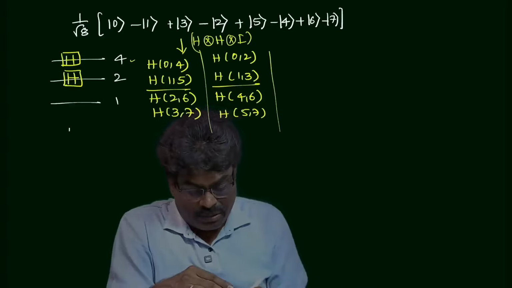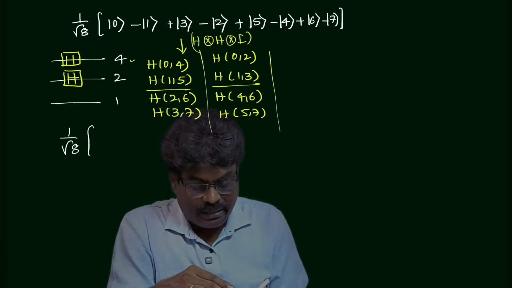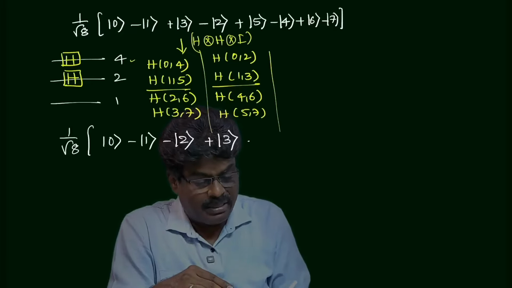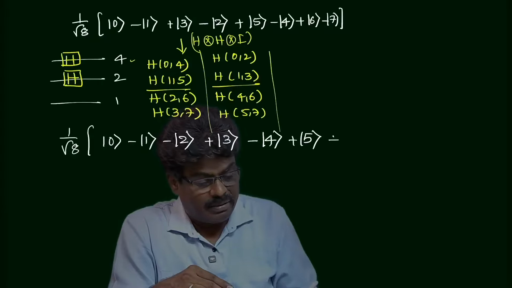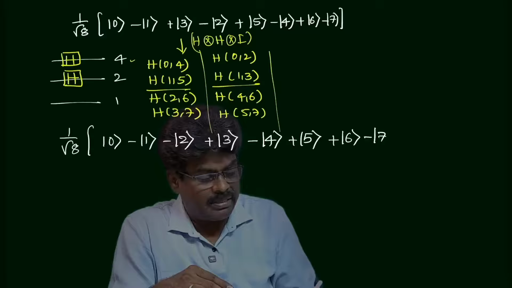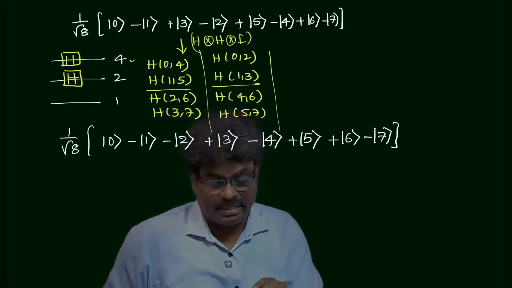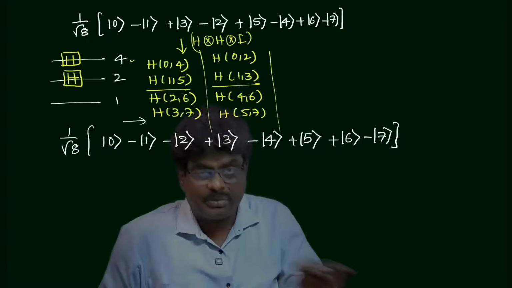Carefully observe, 1 over root 8. Let me write 0 minus 1 minus 2, and I'm writing in the order, plus 3 minus 4 plus 5 plus 6 and minus 7. Now you have to go in the order, right? I have already explained this method. You have to go from left to right.